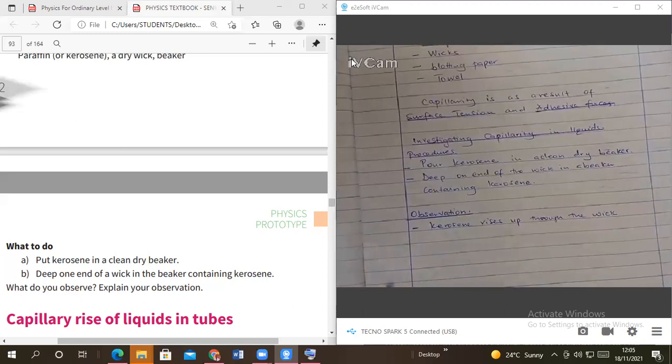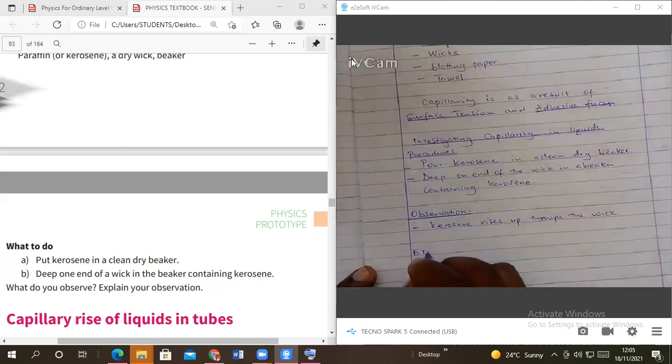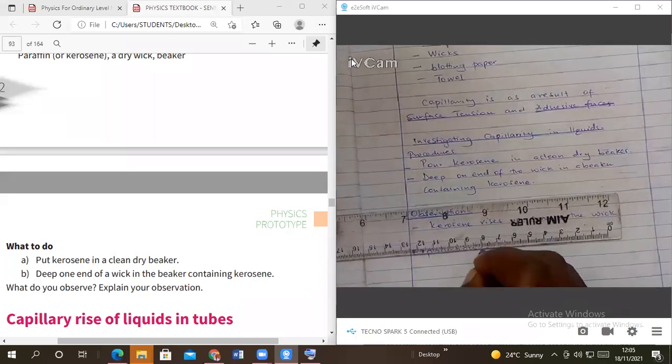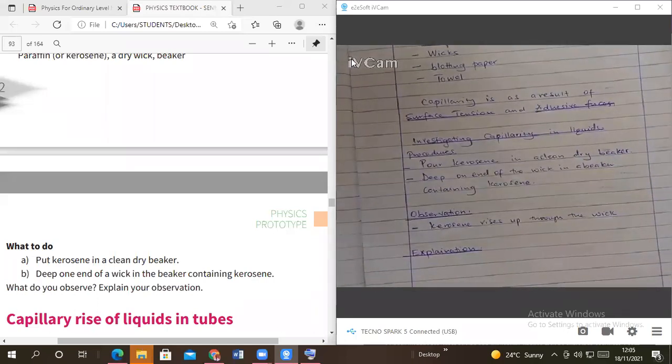What is your explanation? Explanation to the observation. What's the explanation to the observation? Why does kerosene rise up? Why does it rise up? Who knows? I try. Yes, Sean.